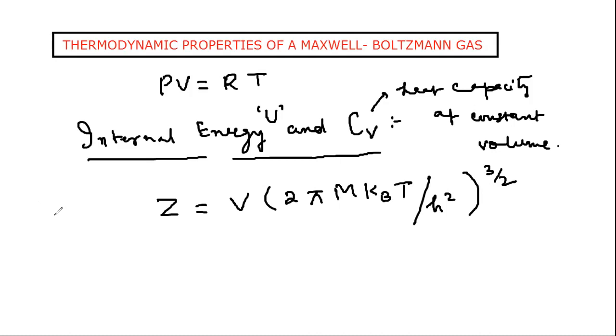For a monoatomic spinless gas, the partition function is given by this expression: Z is equal to V times (2 pi m k_B T over h squared) whole raised to the power 3 by 2. Now we will make use of this expression.